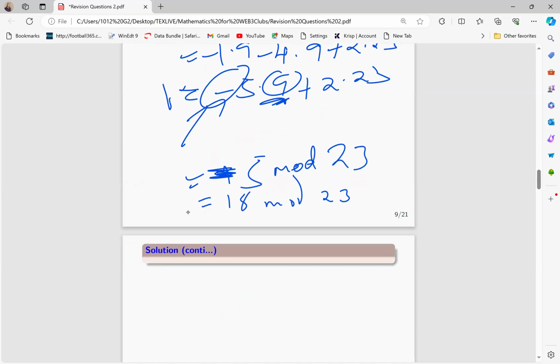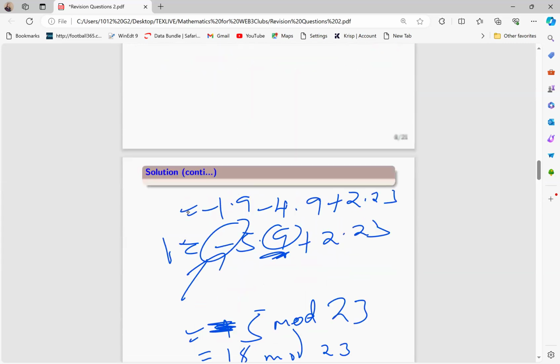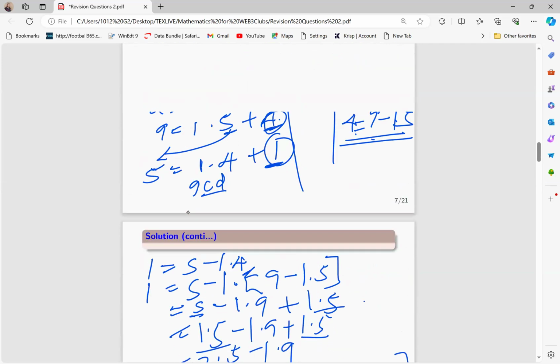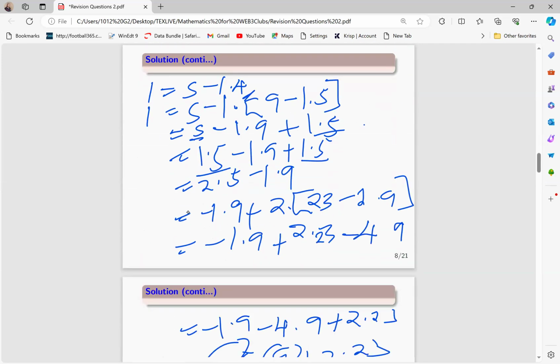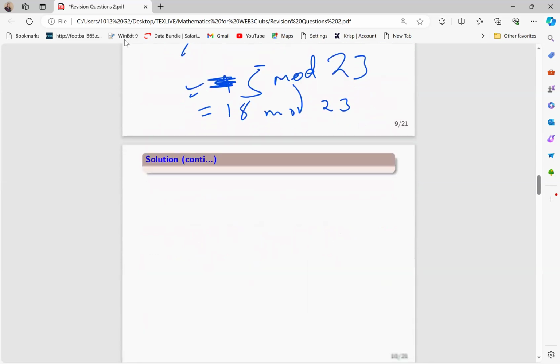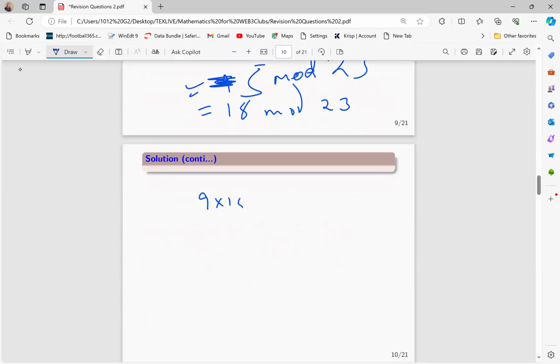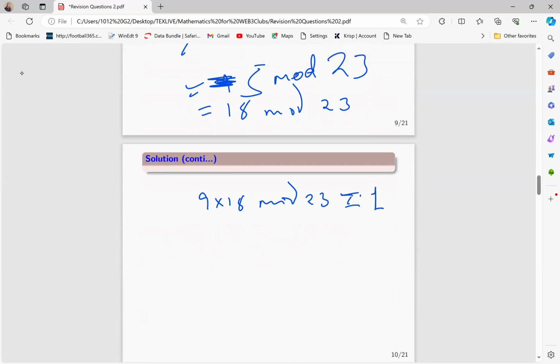So what we mean is that if you multiply 9 and 18 mod 23, you're supposed to get 1. Just multiply 9 times 18 mod 23. Does it give you 1? Just do it with your calculator. It gives you 1. Yes.